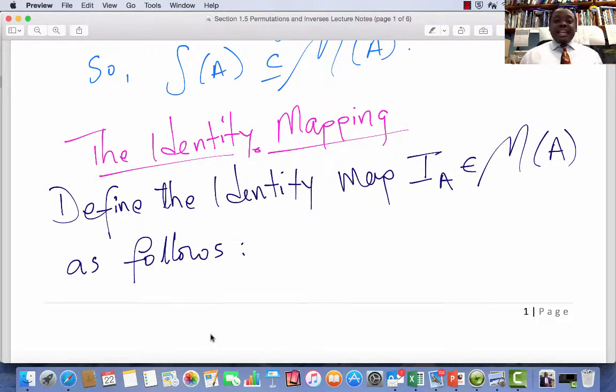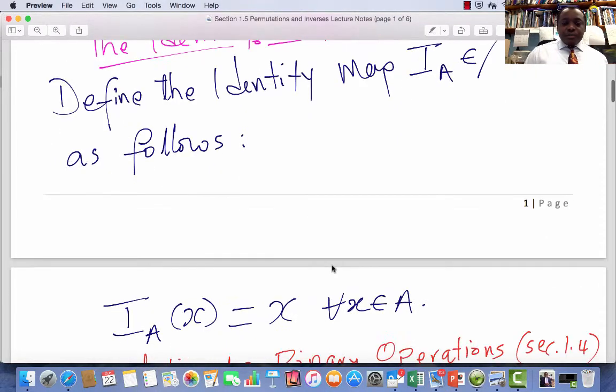MA is a set. The only difference here is that instead of having elements like X, Y, Z, our elements in MA are actually mappings. And yes, we can talk about the identity element in MA. So we define the identity map IA in MA as follows.